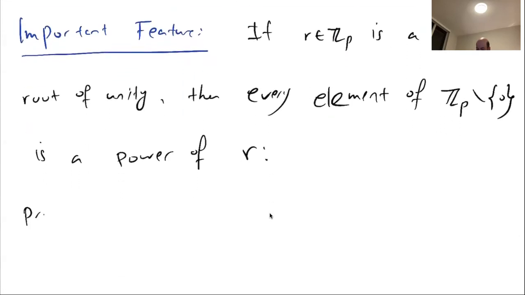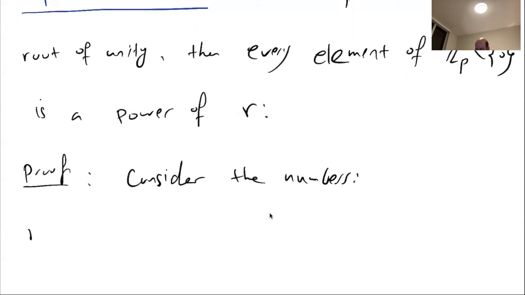Why is this true? So consider the numbers r, r squared, r cubed, all the way to r to power p minus 1.